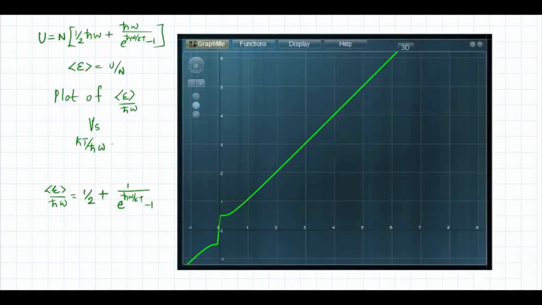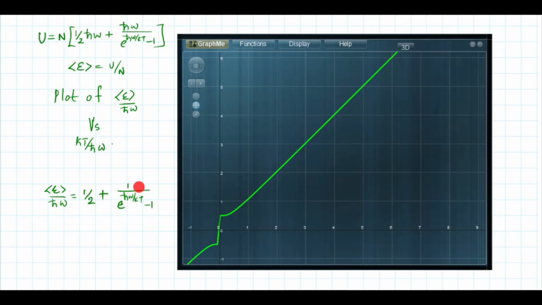Now we will discuss the variation of energy per particle as a function of temperature. Here we are plotting energy per particle divided by h cut omega against kT by h cut omega because these are dimensionless quantities. So from this expression you can write energy per particle by h cut omega as half plus 1 divided by e raised to h cut omega by kT minus 1.